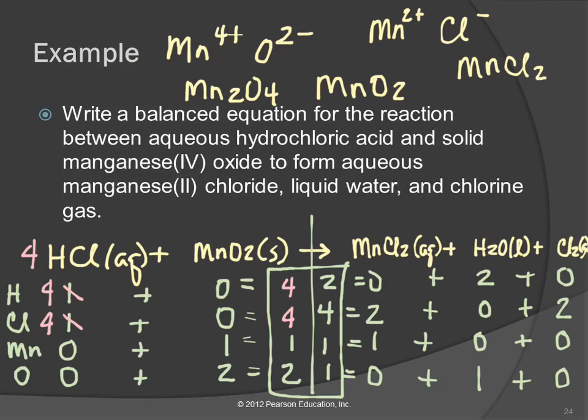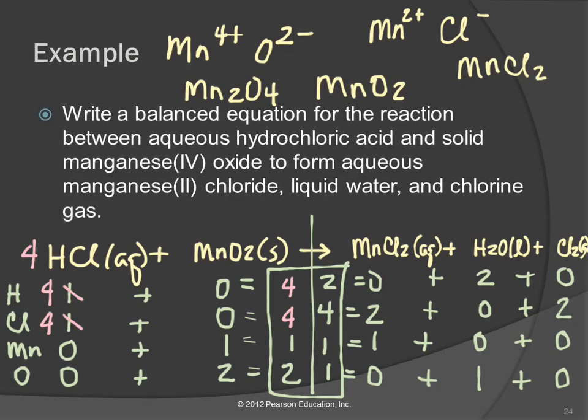Is that making sense? I fixed the chlorines now. I've got 4 and 4, but I screwed up the hydrogens, right? This happens. Let's go and see if we can fix the hydrogens. Now I've got 4 on the left and 2 on the right. I need to go over here to where the hydrogens are on the right side and say, well, if I had 2 water molecules, that would give me 4 hydrogens, and that would fix my hydrogen problem.